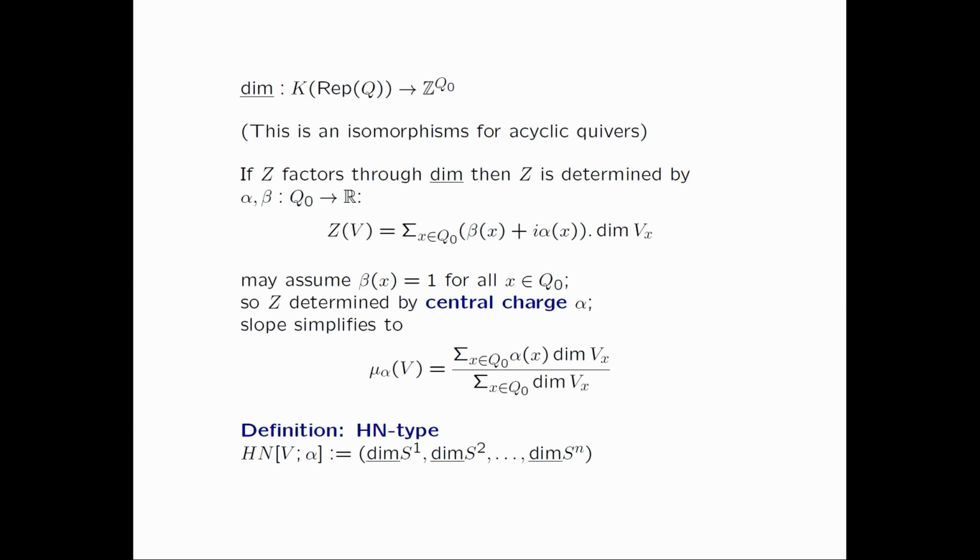Now, the Harder-Narasimhan type, simply HN type, of the representation we can now define as the dimension vectors, effectively, of the subquotients. Remember the filtration V0, V1, etc., and the Si are the subquotients. So we just take those and all the dimensions, and that is the so-called HN type.